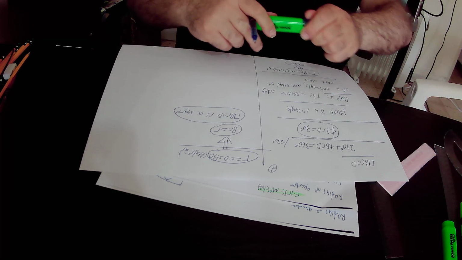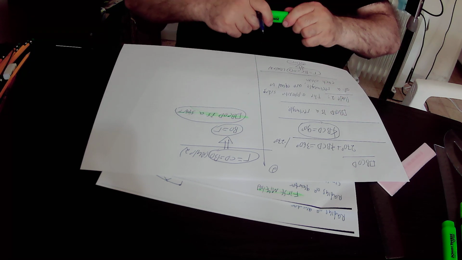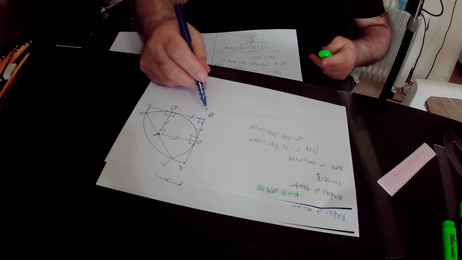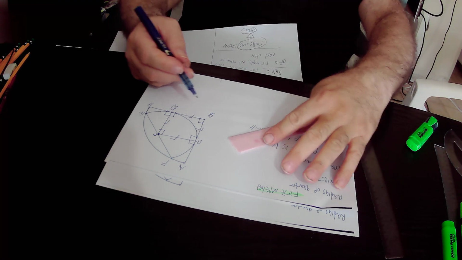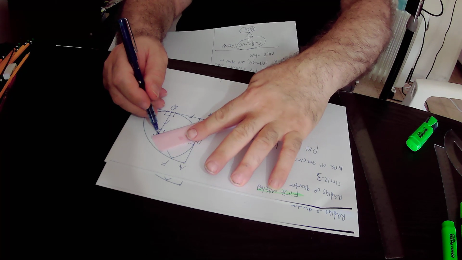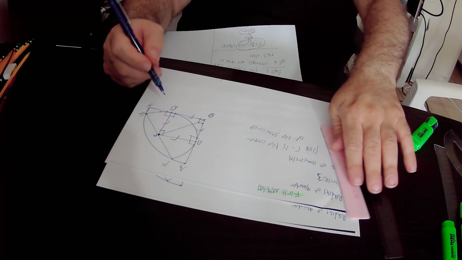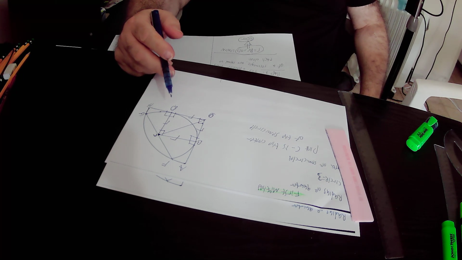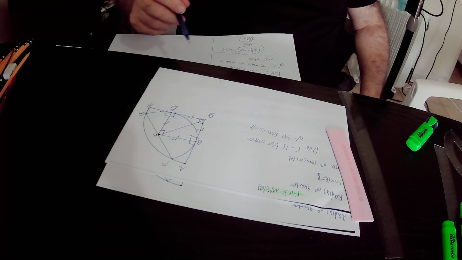In the next step, we will join together points C and O by a straight line. CO is the diagonal of square BCOD.